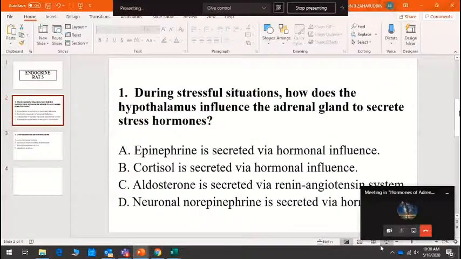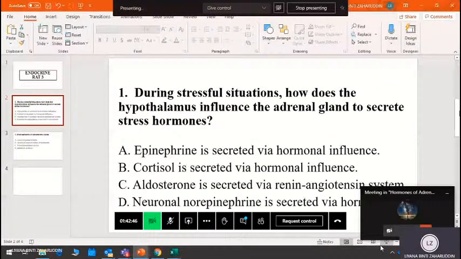So, the answer is B, but I'm asking why C is wrong. During a stressful situation, how does the hypothalamus influence the adrenal gland to secrete stress hormones? And C, aldosterone is secreted via the renin-angiotensin system, is not right because aldosterone is not primarily affected by ACTH.